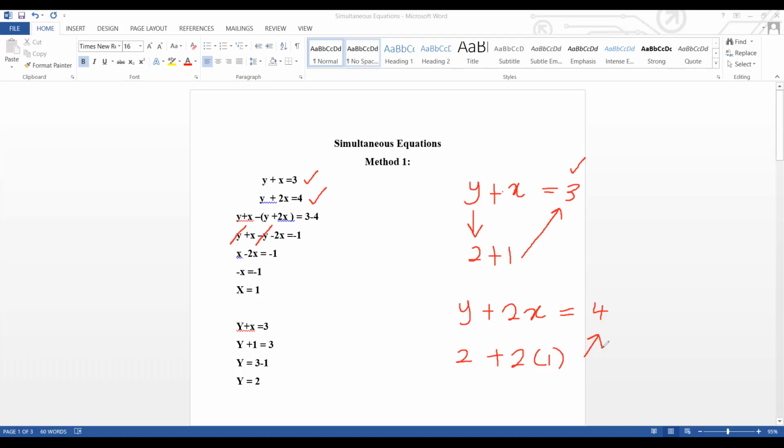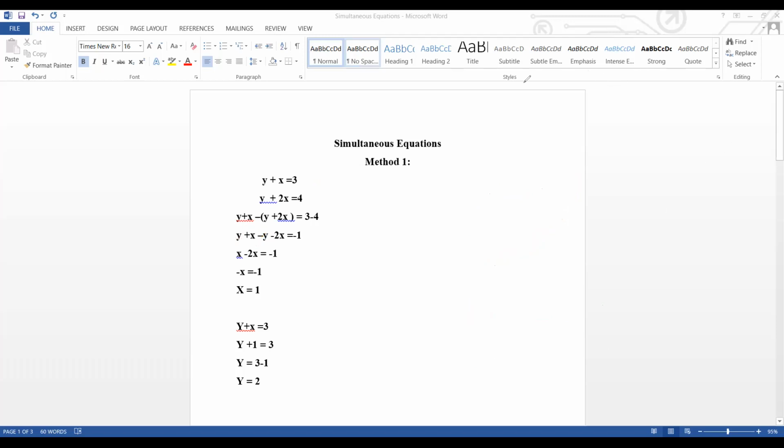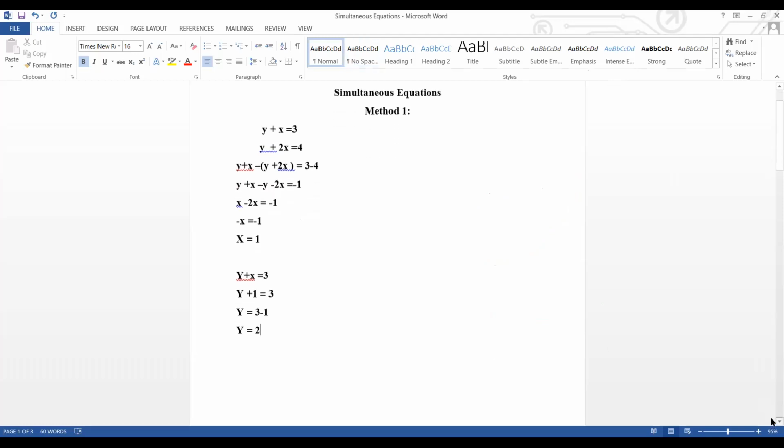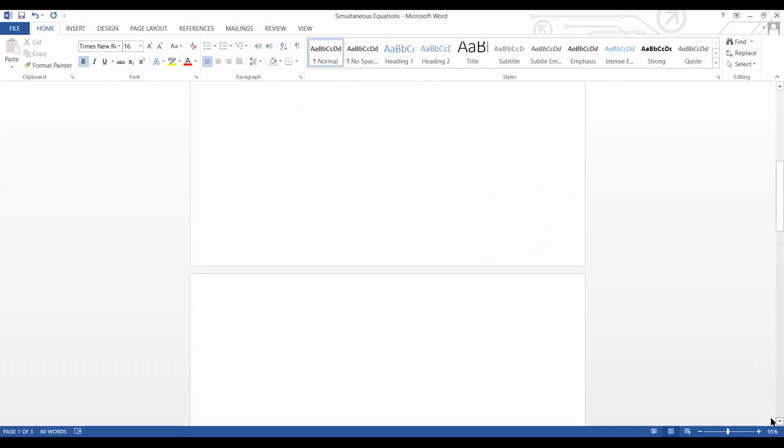Now we are going to use the second method, that means the graphical method, to see whether we are getting the values x as 1 and y as 2, right? Okay, let's move to the second method. Our answers are x equals 1 and y equals 2. So first I will write my two answers here.